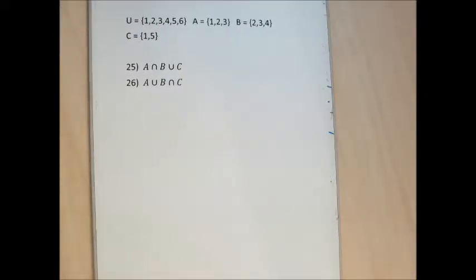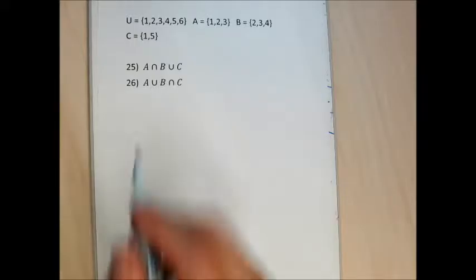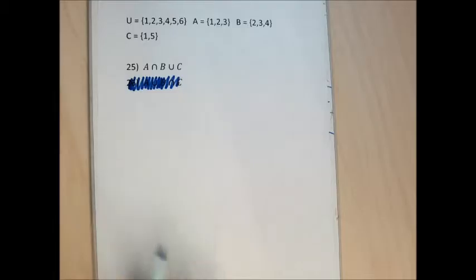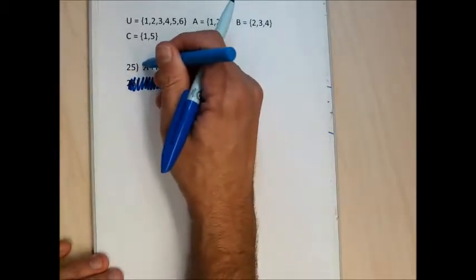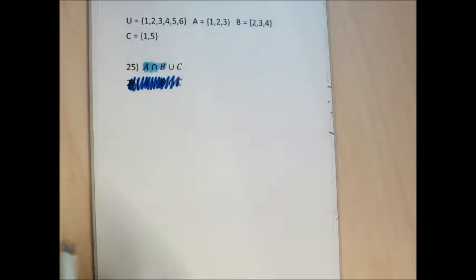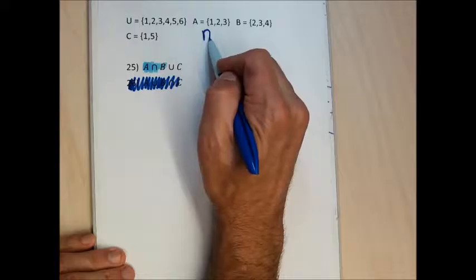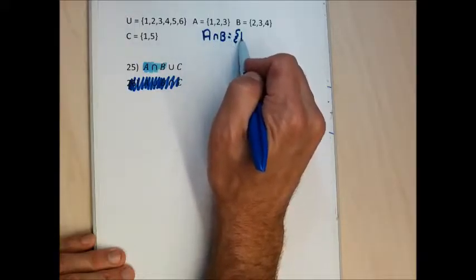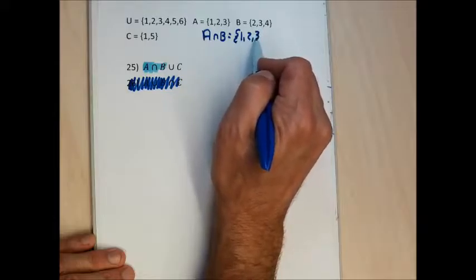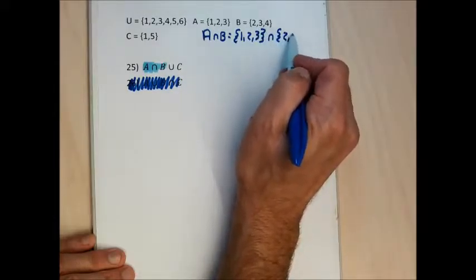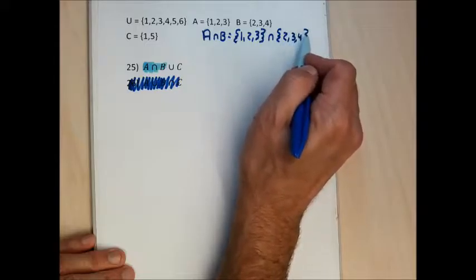Now I'm going to move on to problem 25. Let's do 25 together. I won't do 26 just in case this is confusing. There aren't any parentheses and there aren't any complements, so I'm going to work left to right. The first thing I'm going to do in problem 25 is figure out what A intersection B is. I'm going to take set A, which has the numbers 1, 2, and 3, and intersect that with set B, which has the numbers 2, 3, and 4.